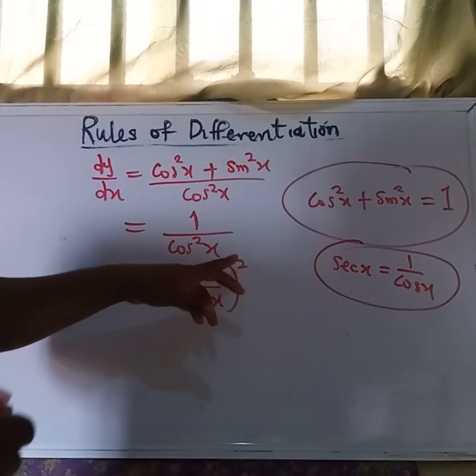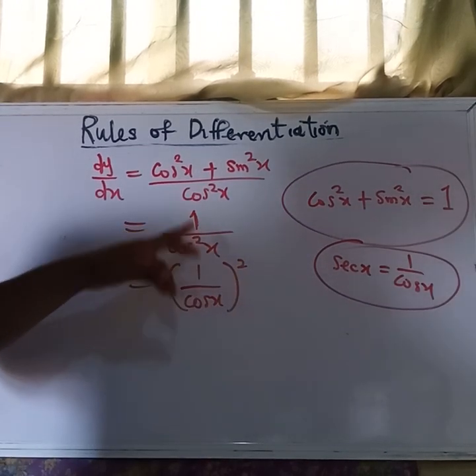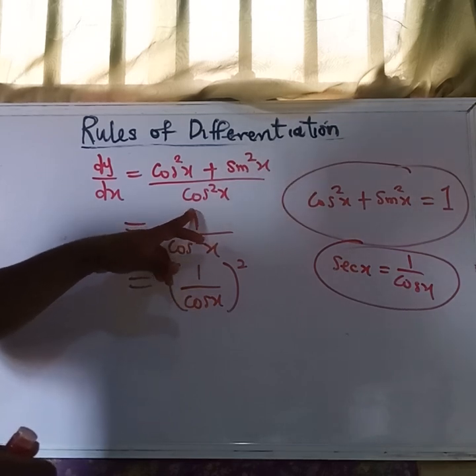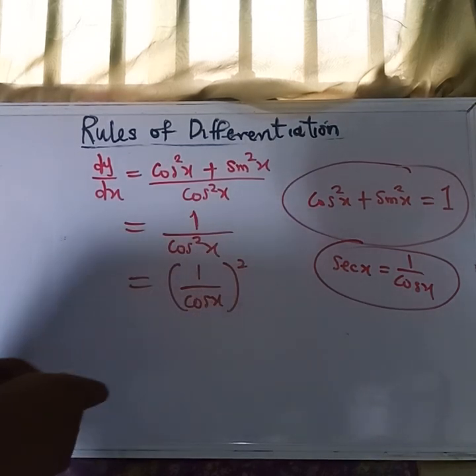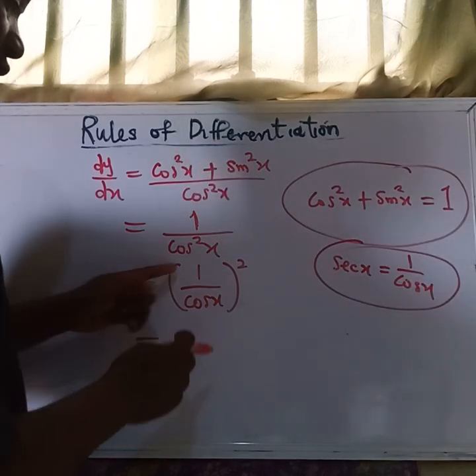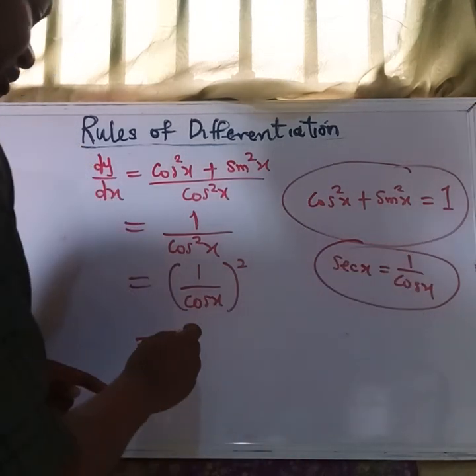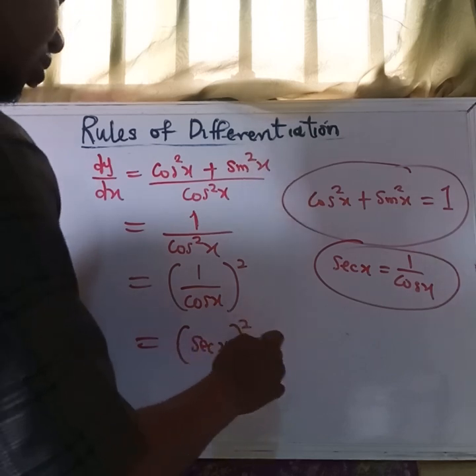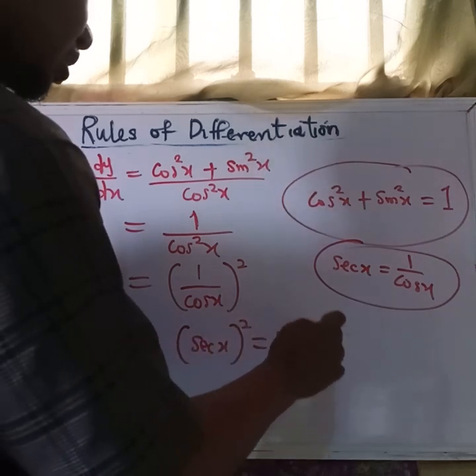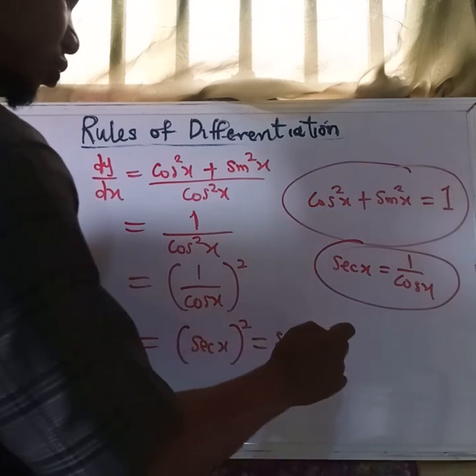Since 1 squared gives us this by the law of indices, we can factor 1 out here. So according to this, it is sec x all squared. As we have said earlier, it's preferable to put a square at the middle.